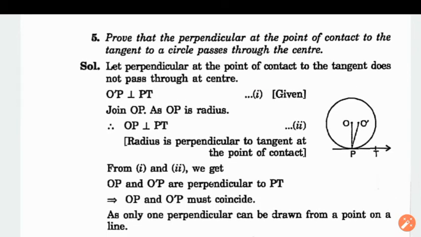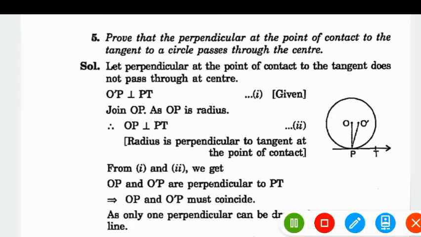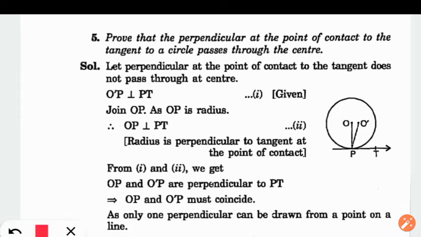In question number 5, prove that the perpendicular at the point of contact to the tangent to a circle passes through the center. So here we have one circle, and one tangent.